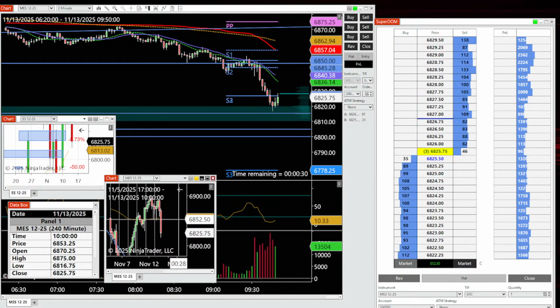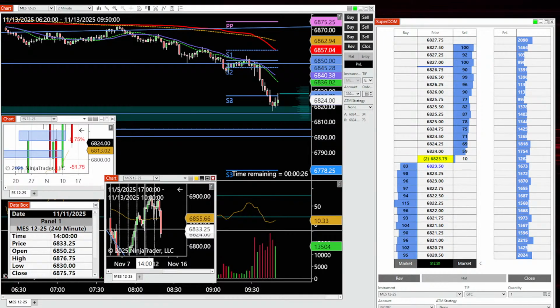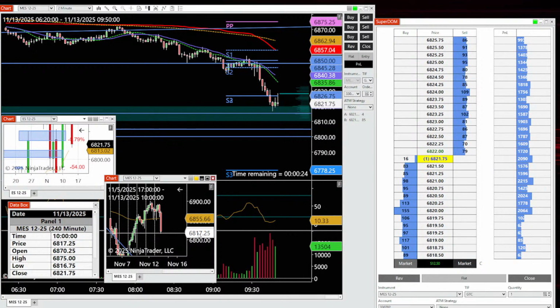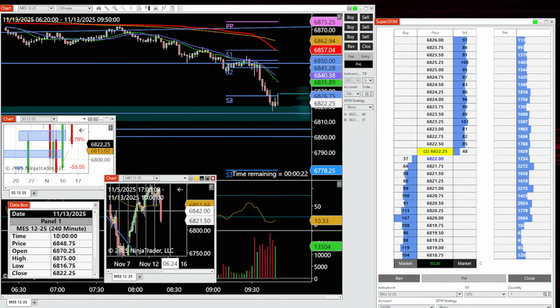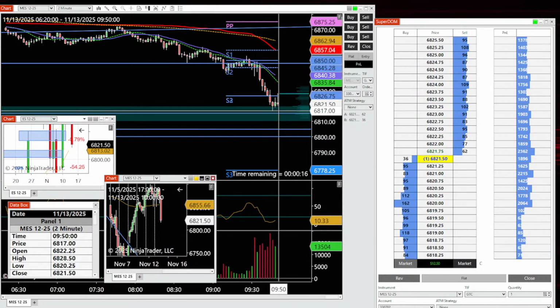The next 4-hour bar rolls over again, especially if we stay below 30. We might come up to 40 and then come down to break 30 again. This just popped to what, 28?